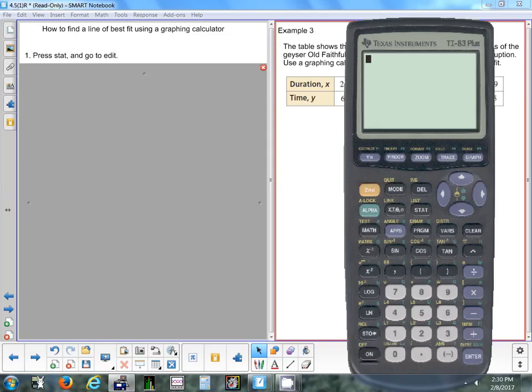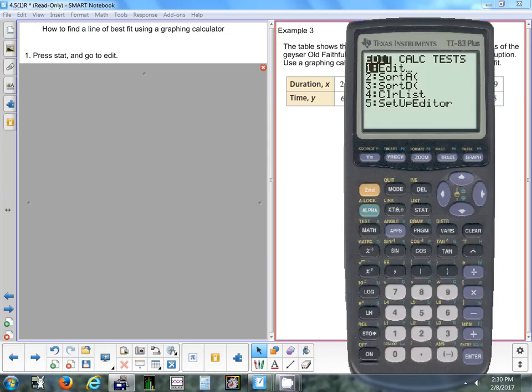Press stat. Stat is the button that's right below delete, right near the arrow. Does everybody see stat? Press it. When you press it, you should see this screen. Is there anybody that doesn't see this screen?